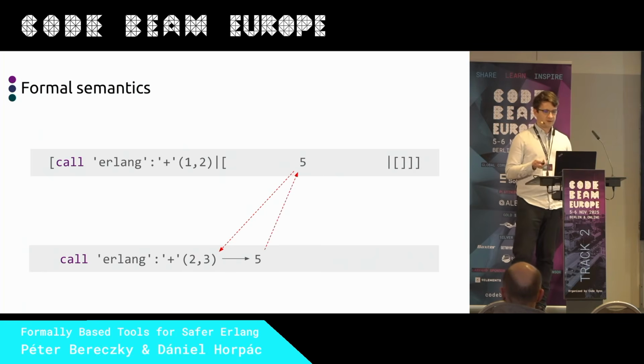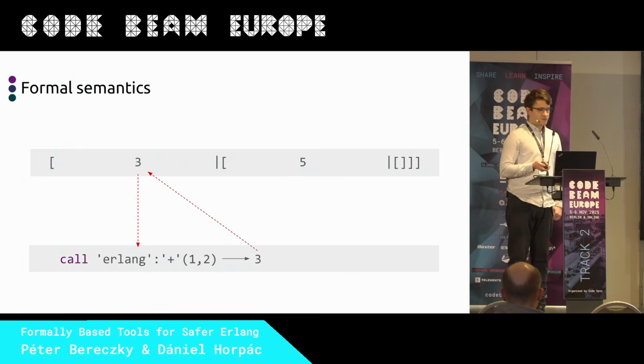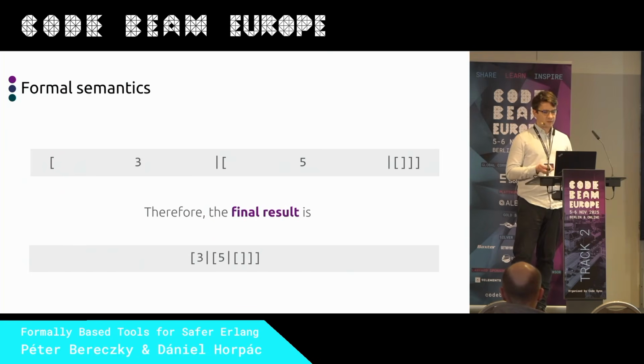You get 5 there, and then you take the first expression, evaluate it to 3, and put it back, and what you get is a two-element list. So the final result is 3, 5, an empty list. I omitted a lot of details here because I didn't explicitly explain how these call expressions evaluate.